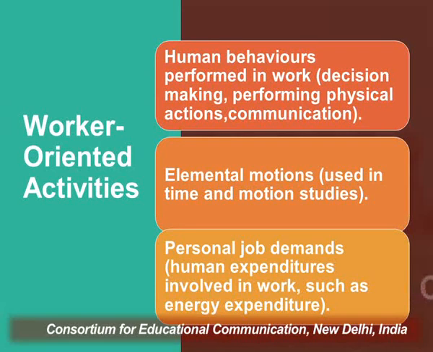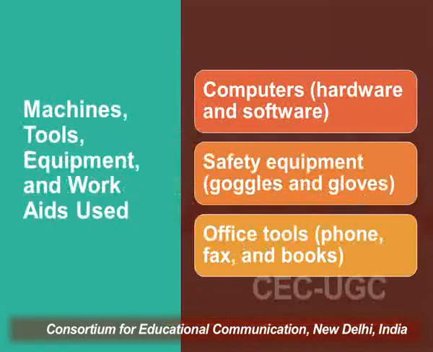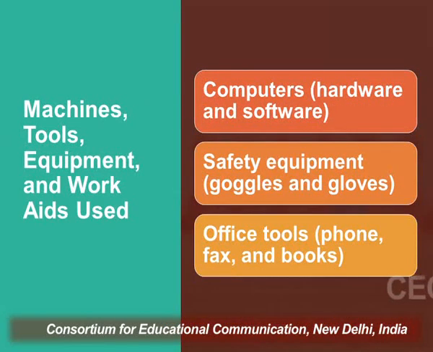Then it also includes the personal job demands, the human expenditures involved in work, such as energy expenditures, etc. It also includes the machines, tools, equipment, and work aids used.